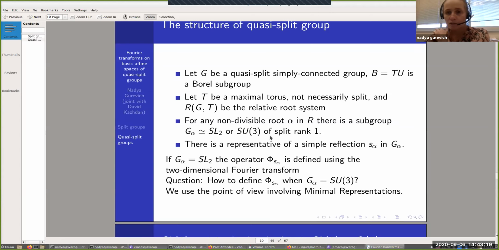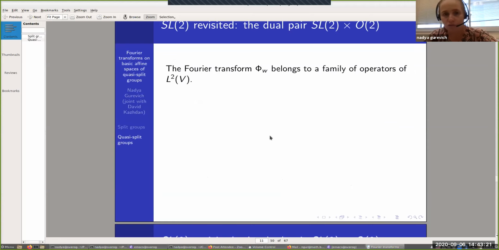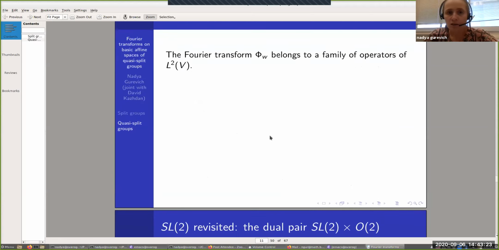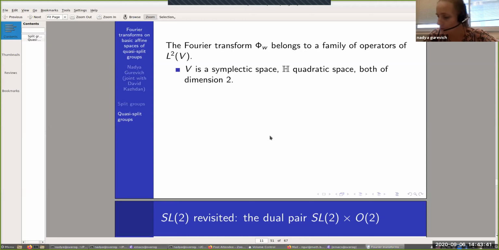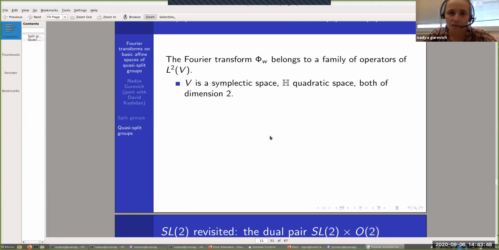Now, for a minute, I go back to the SL2 case. Here V is a 2-dimensional space. The Fourier transform looks like a distinguished operator, but in fact it belongs to a family of operators on L2 of V. Let me present the setting.